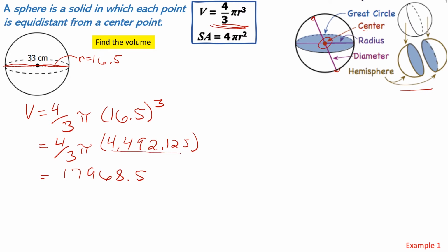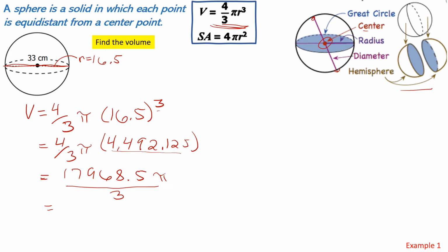My pi is in the numerator, and I could divide everything by 3. I could do this in several different ways. I could have just multiplied straight across, if you have one of those calculators that will do the exponents first, but if not, for the most part, you need to do your exponents first. And I'm just multiplying everything through here. 17,968.5 times pi, I'm just hitting my pi key.